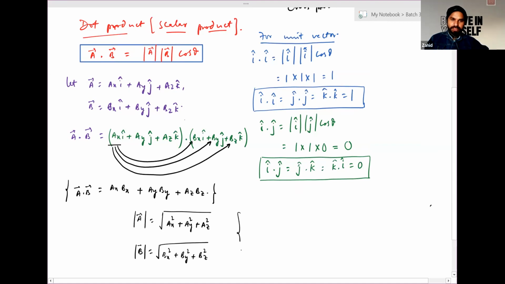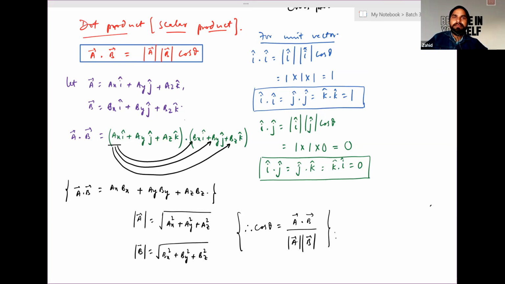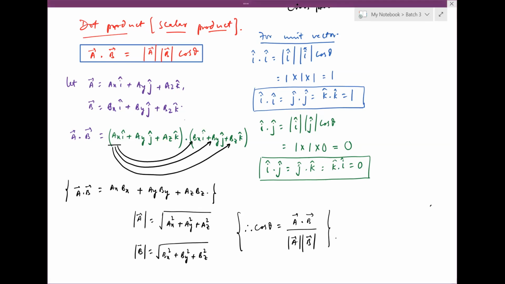Now, if you put all these values in the above formula, you will get cos theta equals A dot B divided by mod of A and mod of B, which will define the angle between any two vectors. Nida, any doubt? No, sir. Okay.